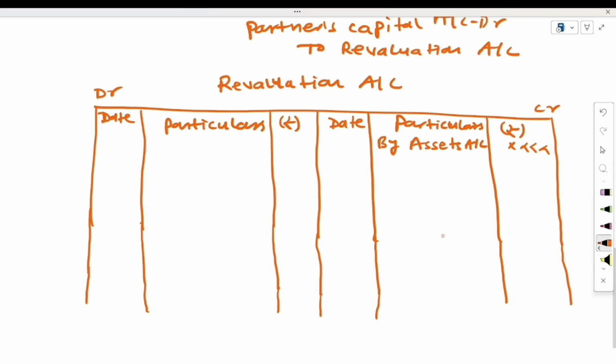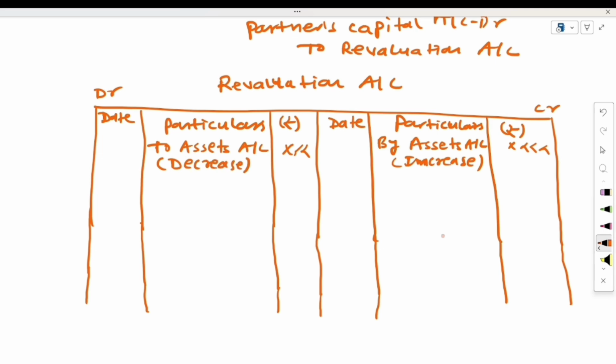If it is a decrease in asset, you will show it here to asset account with the amount. This is the increase and this is the decrease part.